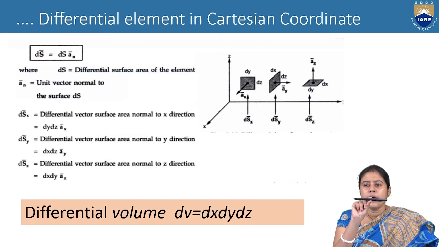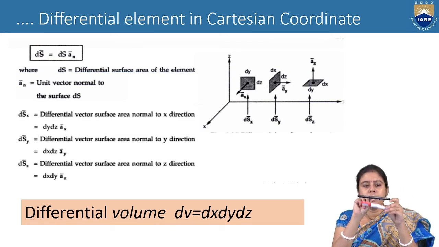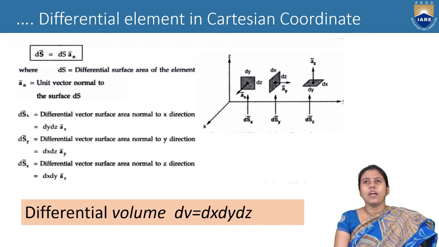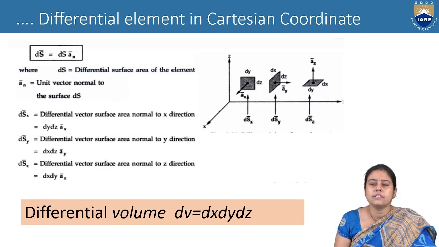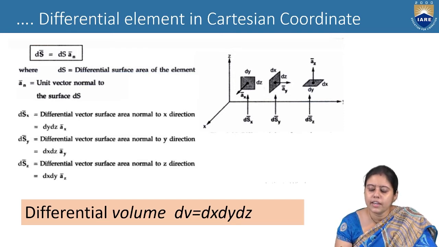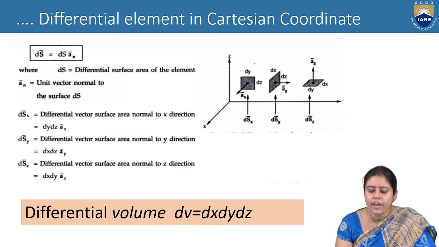If we move the point a little bit, the distance between the first position and second position is known as the differential distance. And the differential distance is written as dx, dy, dz.